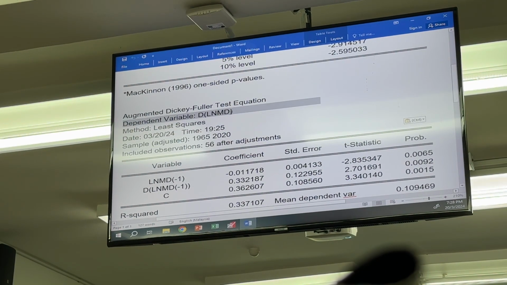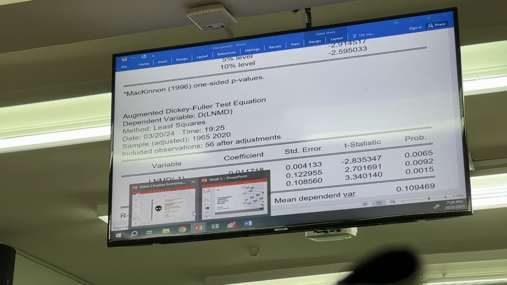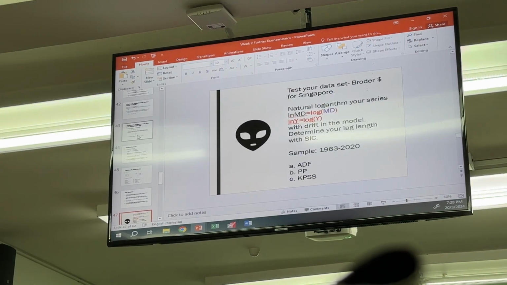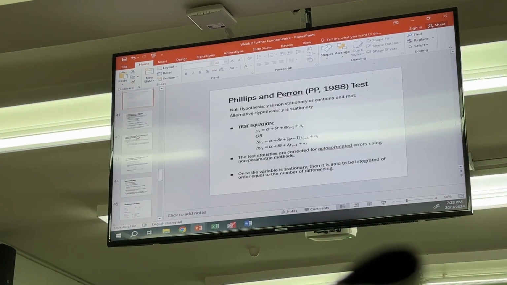So what the test statistic is: use this coefficient and divide it by the standard error of the coefficient, and you will obtain the test statistic. This is how the test statistic comes out. What we showed just now is my test statistic, the augmented Dickey-Fuller.